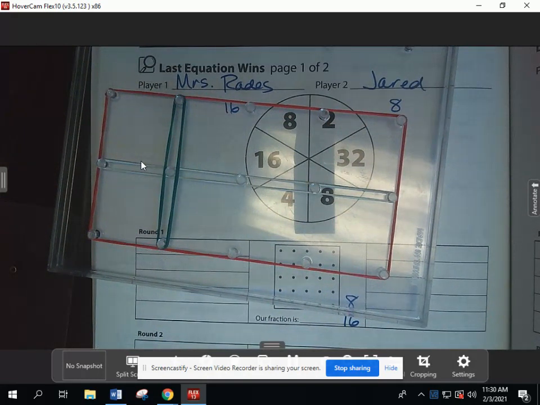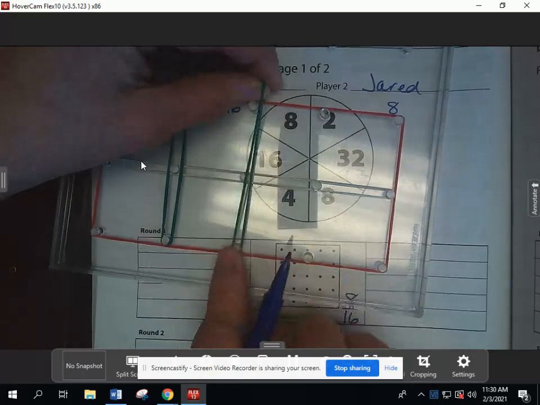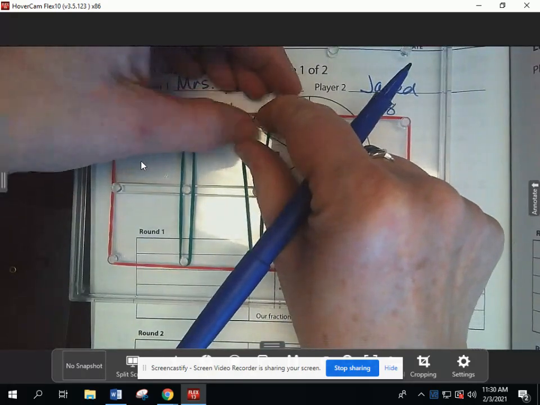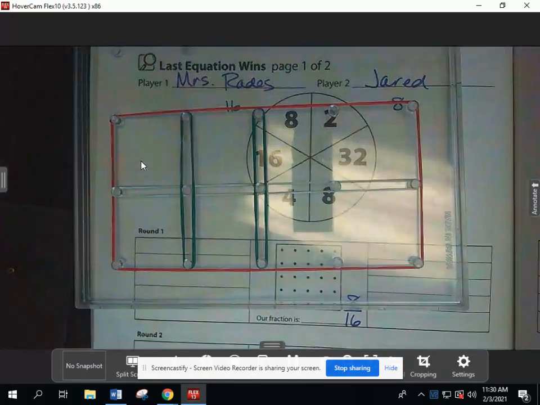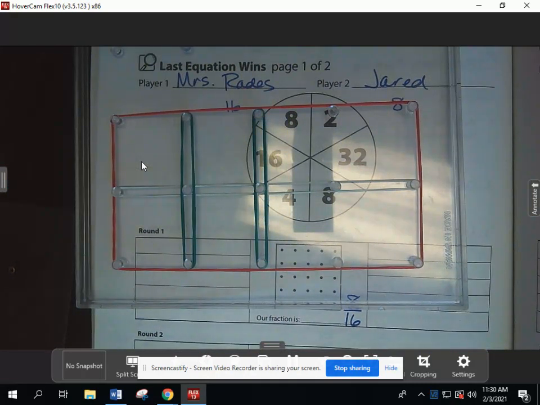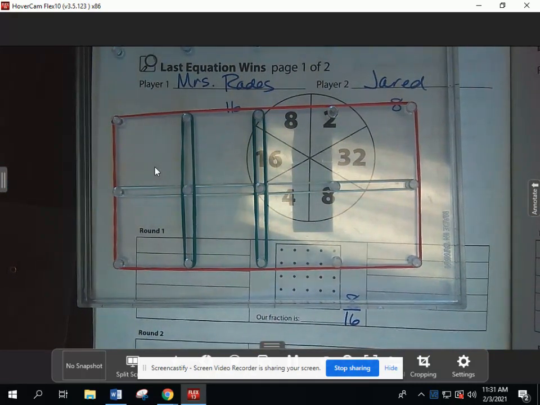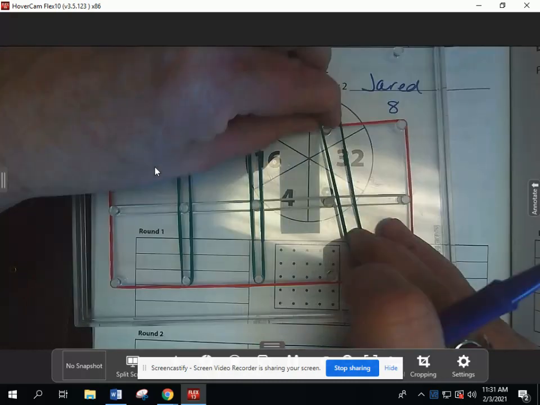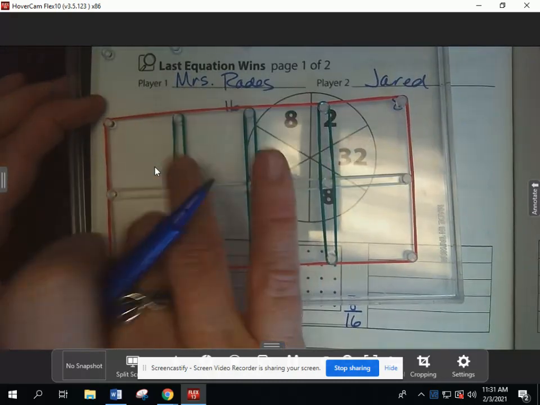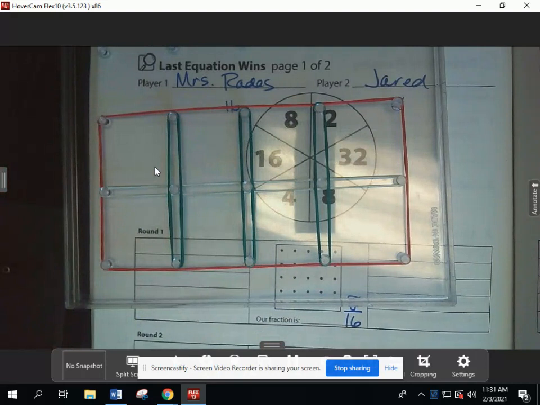If you would like to, you can do this. This is what he spun. And then you need to double check that you have your 8 of them. 1, 2, 3, 4, 5, 6, 7, 8. Okay, I have 8 of them.